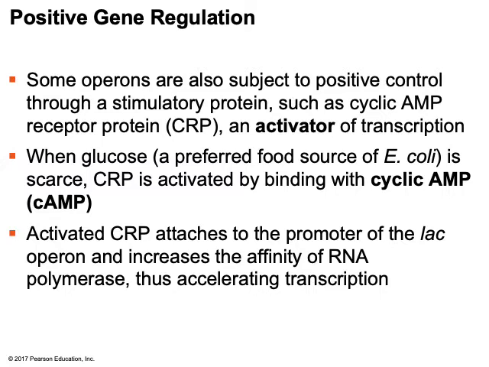Okay? So why would we want an on switch? Well, sometimes we have a material like lactose present, but we don't want to spend the time to build the enzymes, that extra step to digest lactose. What happens if we have, say, a prokaryote in an environment where there's plenty of glucose and some lactose? Why would you spend the time and effort to digest the lactose if there's plenty of glucose present?